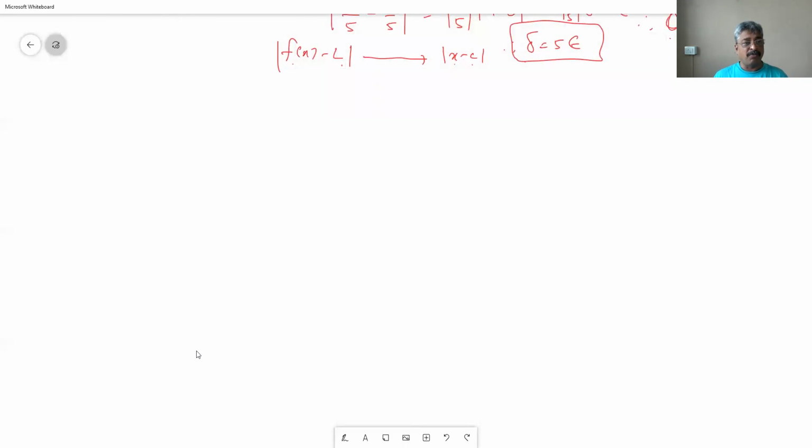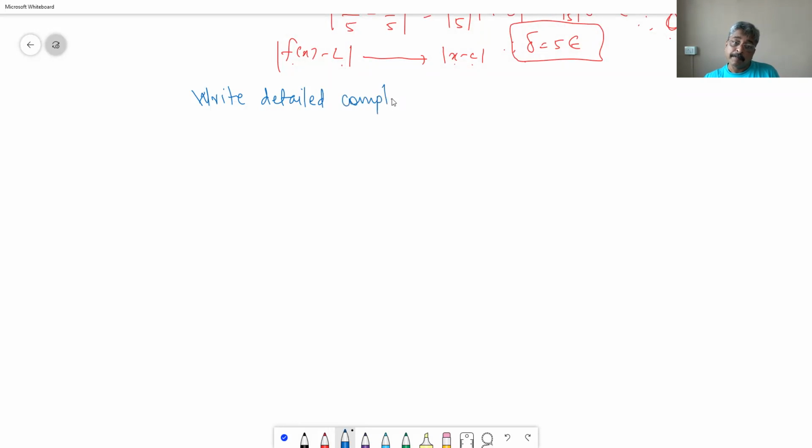Write a detailed, complete proof of: the limit as x tends to 2 of x cube minus 8 upon x square minus 4 is equal to 3.